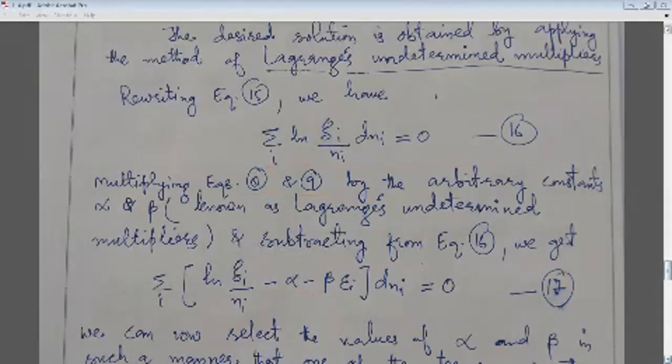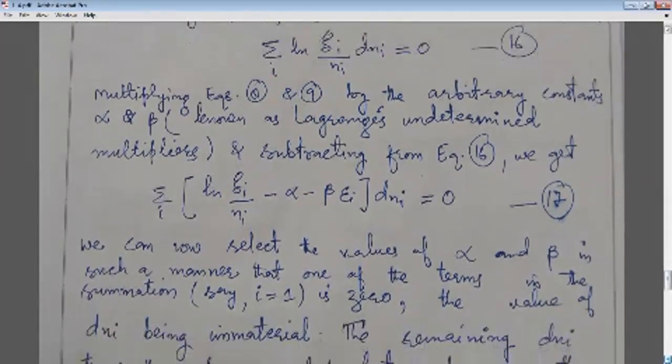Here we can now select the values of alpha and beta. We have to take the values of alpha and beta in such a way that one of the terms in the summation becomes equal to 0.